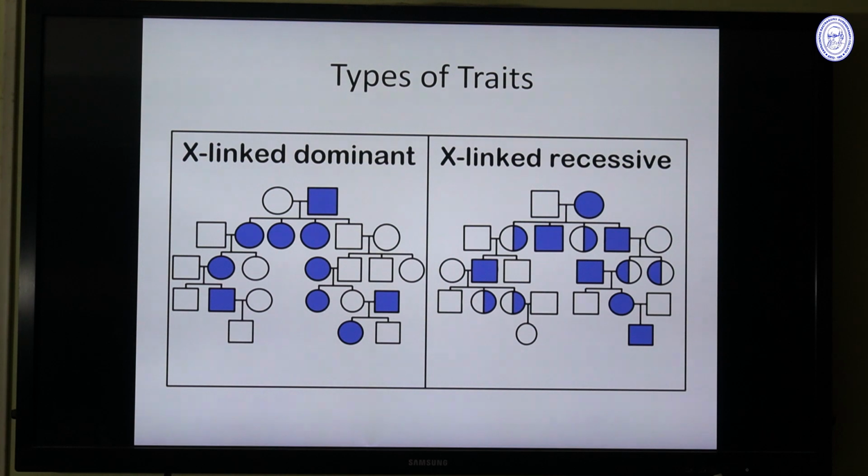So if the mother is affected or a carrier of a defective X chromosome, that will be passed to her son. So all the sons are affected. You can see that male individuals are more affected than female individuals, and this is a typical example of X-linked recessive characters.